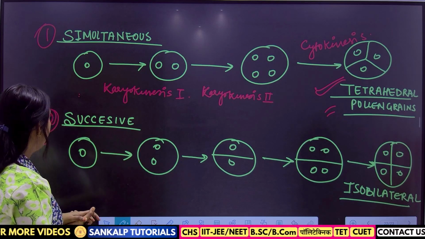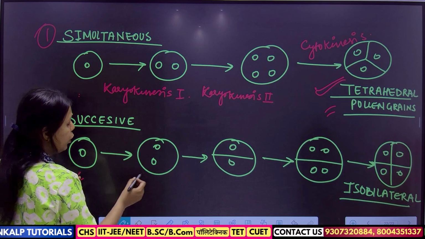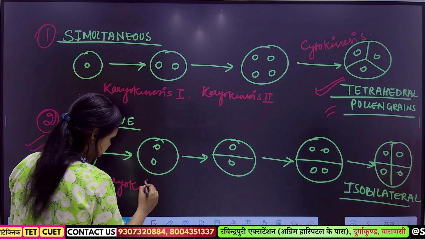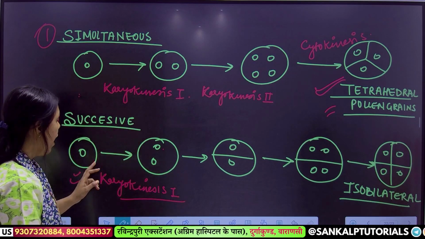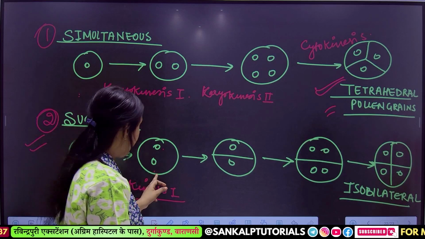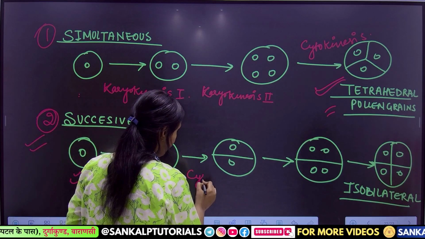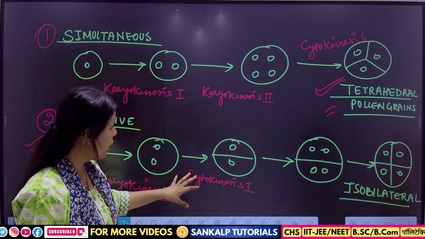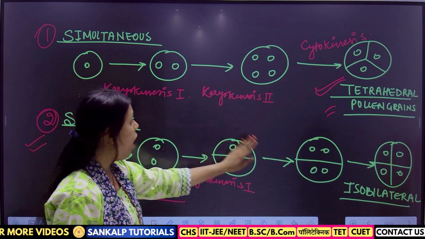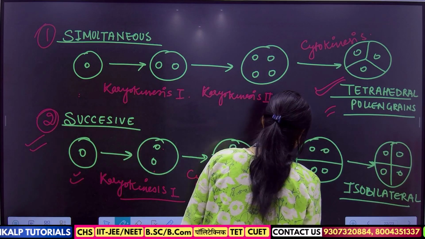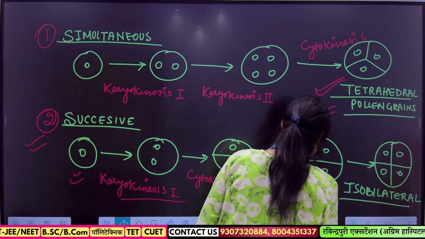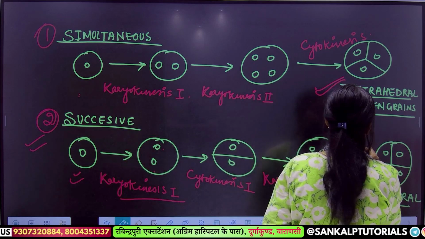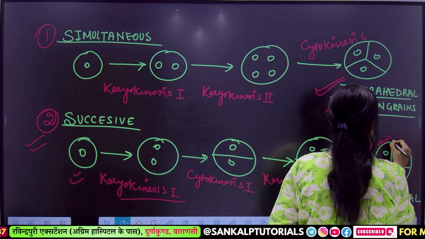The other type is successive division. In this division, one nucleus is divided into two nuclei, that is karyokinesis 1, and after its completion, cytoplasmic division takes place, that is cytokinesis 1. After cytokinesis 1, karyokinesis 2 takes place, and at last cytokinesis 2.